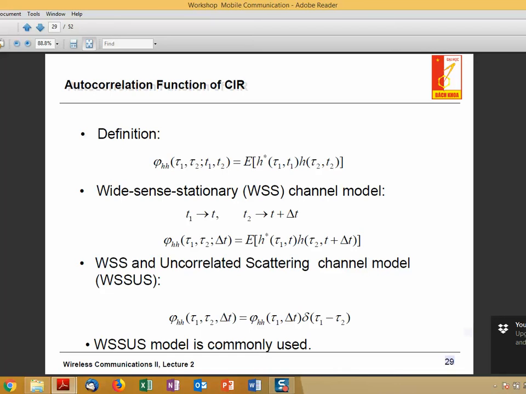With this second assumption, uncorrelated scattering, we can bring this equation to this one, replacing it by a function of delta tau, tau 1 minus tau 2. In simulation, this model is commonly used.